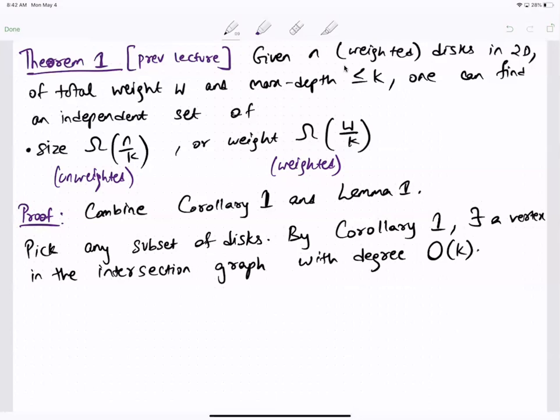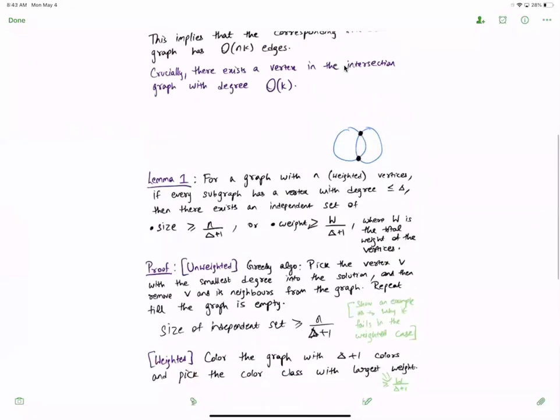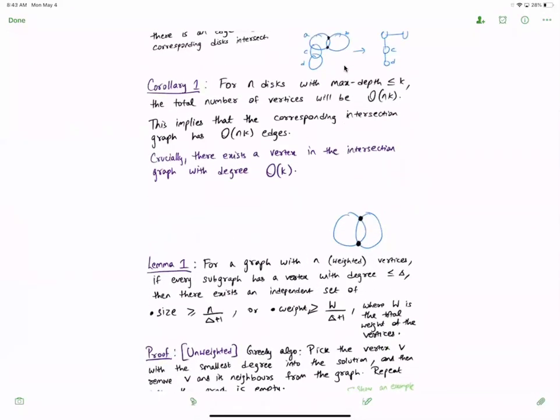So this is exactly the property we need in lemma 1, which we have just proven. It just needs the property that any subgraph has a vertex with degree less than or equal to delta, and that is exactly what our corollary guarantees.